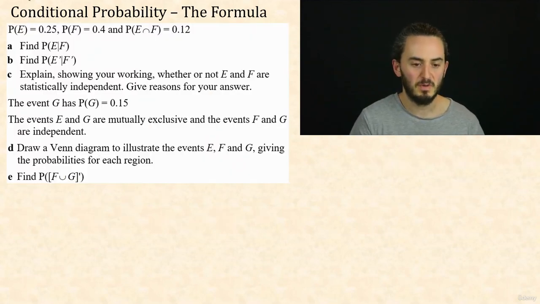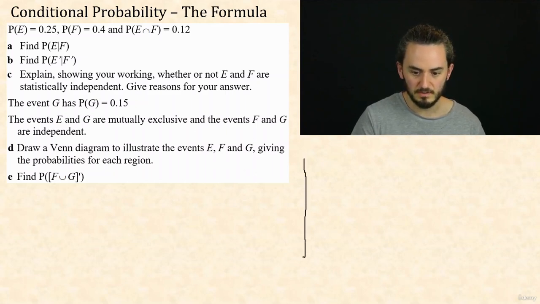Okay, so probability of E is 0.25, probability of F is 0.4, and probability of E and F, that's our intersection symbol, is 0.12. And here's a ton of questions to work out. First things first, if it looks like the sort of thing we can represent on a Venn diagram, let's represent it on a Venn diagram.